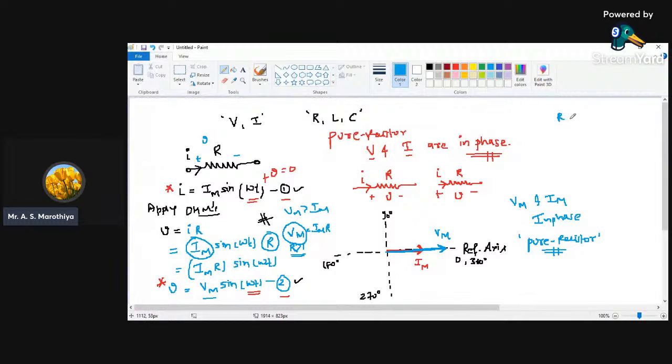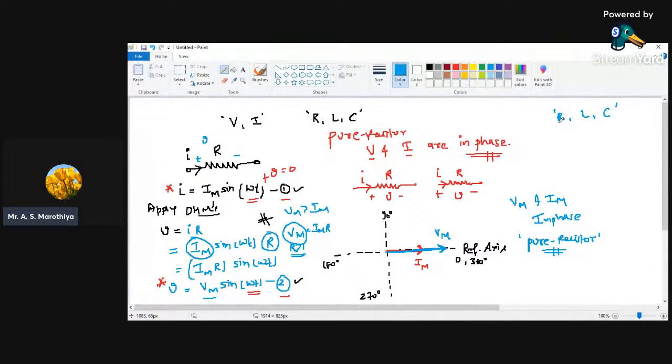First one is resistor, second one is inductor, and third one is capacitor. And if you know the phasor diagram for each one of them individually, then it is very easy to find out the phasor diagram for any circuit made by all these 3 elements. That is the reason we are discussing the phasor diagrams for individual circuit elements.